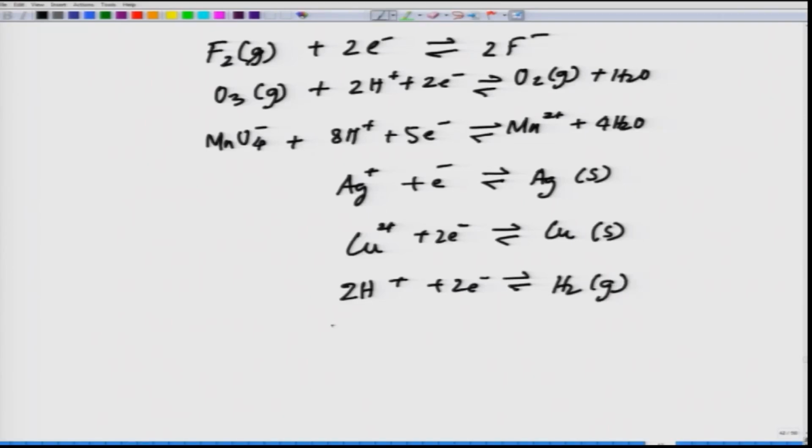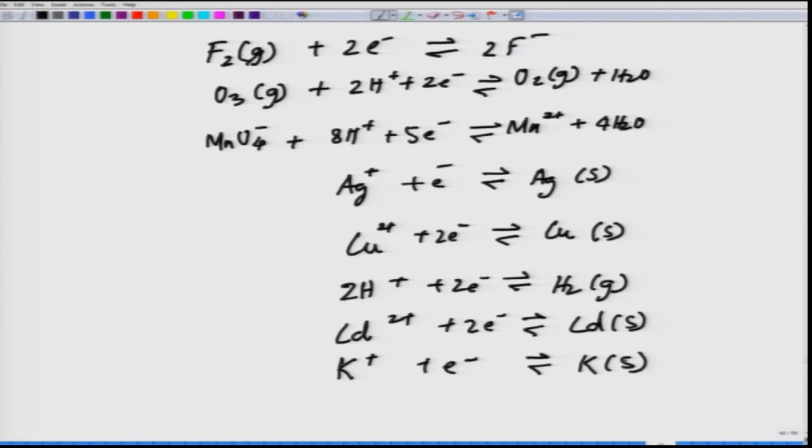Now cadmium 2 plus plus 2 electrons, making cadmium solid. Similarly, potassium plus electron, making potassium solid. Similarly, lithium plus electron, making lithium solid.